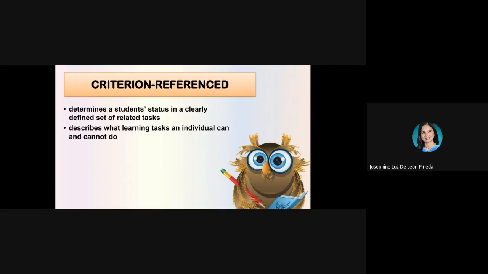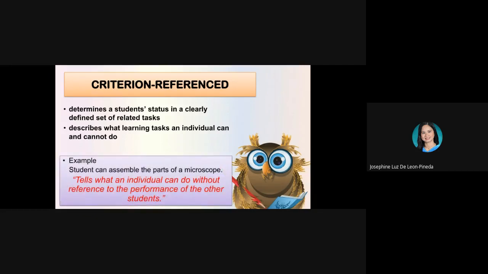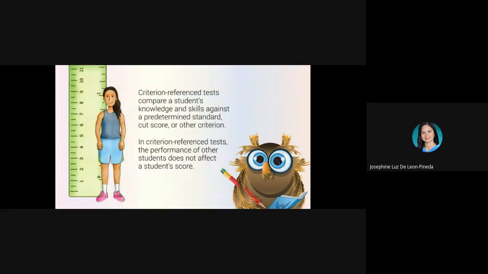So, an example here. Students can assemble the parts of a microscope. So, it tells what a student can do without reference to the performance of the other students. So, ang usapan lang dyan, kung kaya ba ng estudyante na i-assemble yung parts of the microscope. Okay? So, here's a figure.